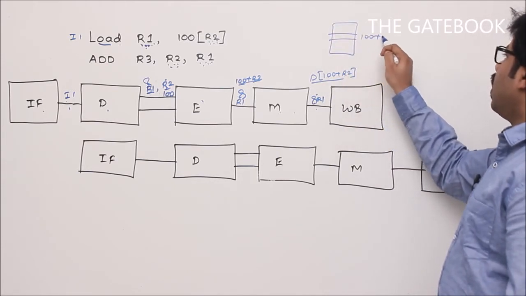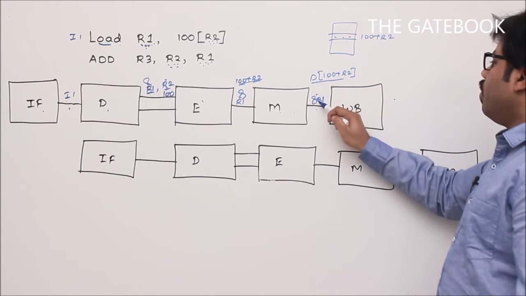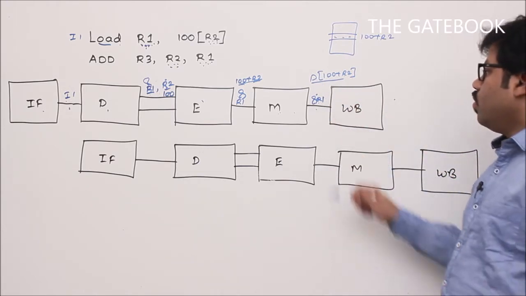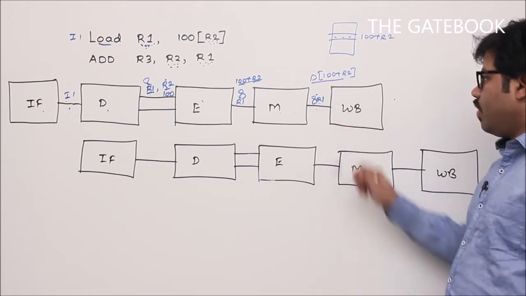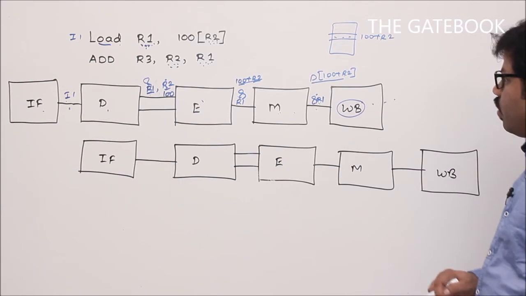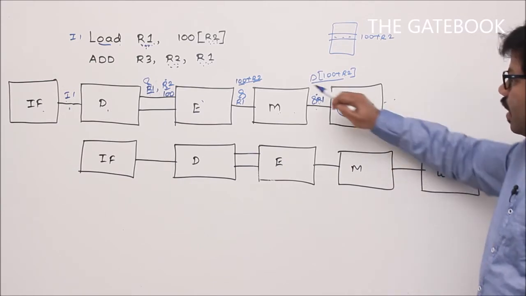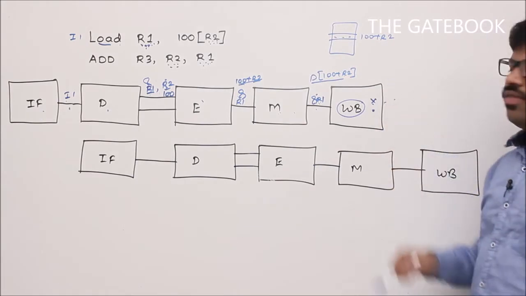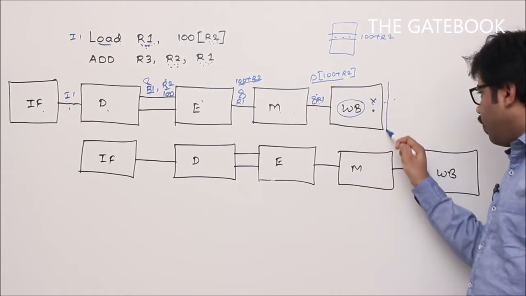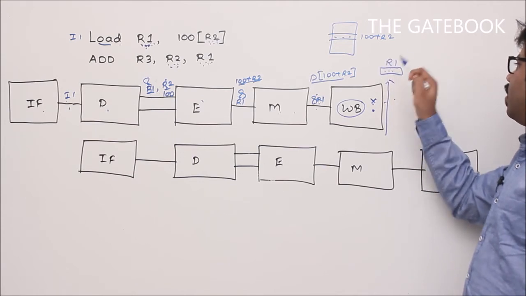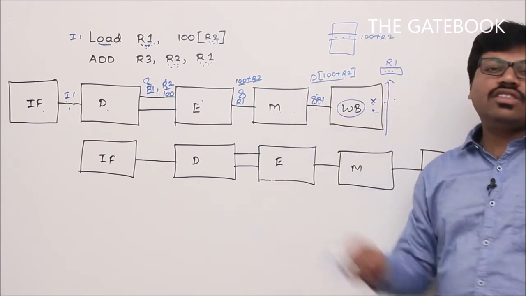At 100 plus R2 there is some data which has to be stored in the address of R1, into R1 of course. We already have the address of R1, so the write back stage is going to do that. Now what I want to tell you is, finally the register R1 is getting updated here. That is what I want to say. Finally here you will have the original data in R1, right? Before that everything is wrong.